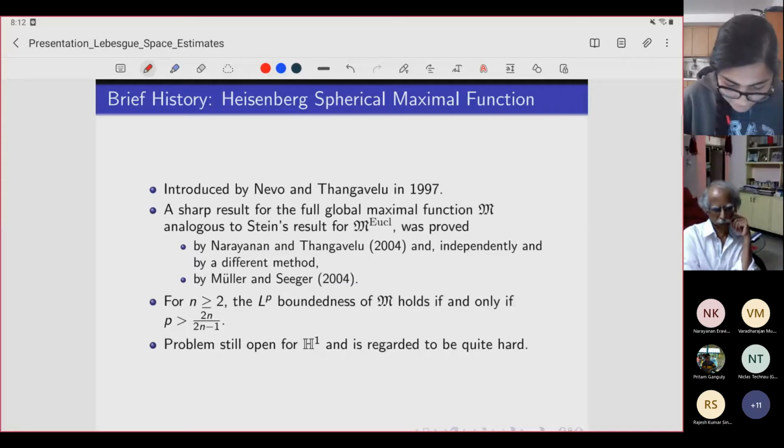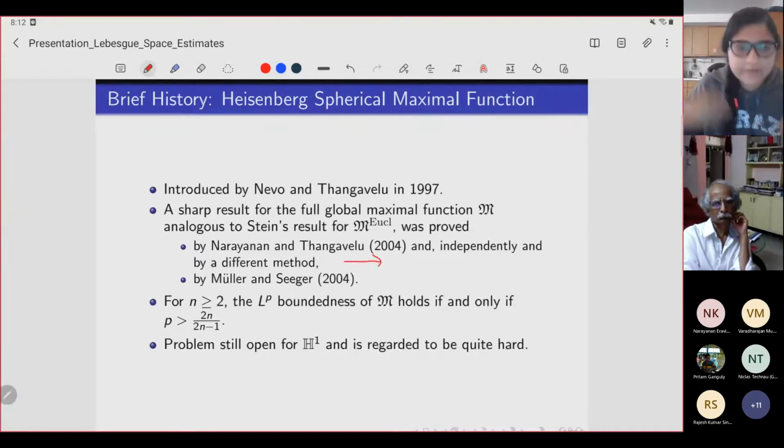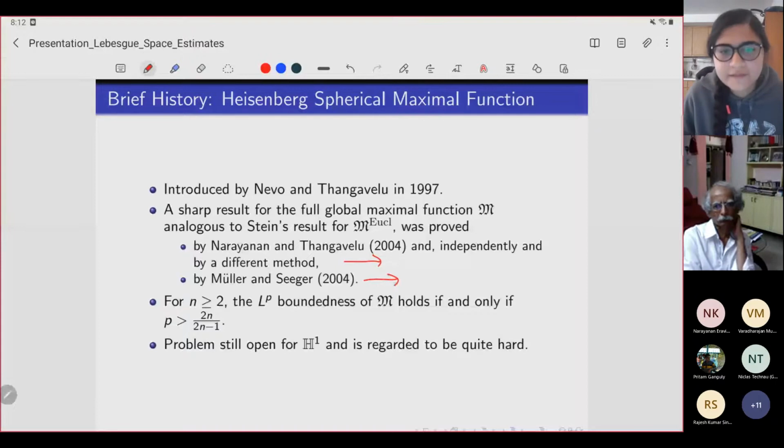The other remark I want to make is that in the talk today, I would not be talking about the techniques used in this paper and papers of this type, as all the experts here know about that. I would be focusing more on the kind of approach used by Müller and Seeger in their paper. And this was the approach of using Fourier integral operators in the context of the Heisenberg group.